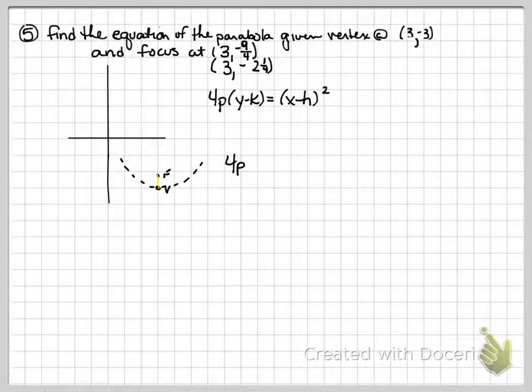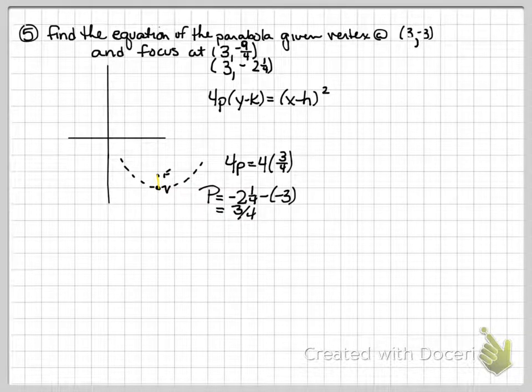My focus is at 3, -2 1/4, and my vertex is at 3, -3. So I need to see what's the distance between the y values. To find p, I'm going to subtract those. So -2 1/4 minus -3 gives me positive 3/4. So if I substitute that in for p, it tells me that my 4p is equal to 3.